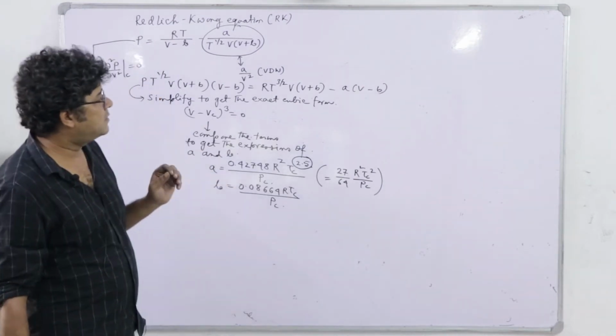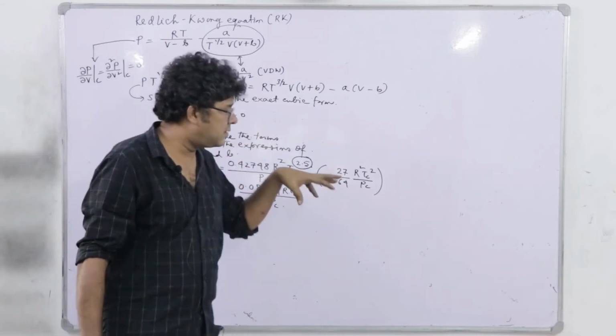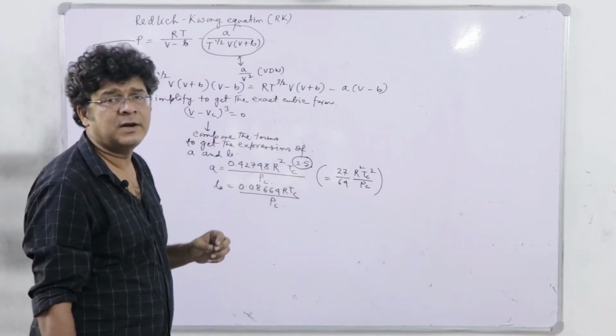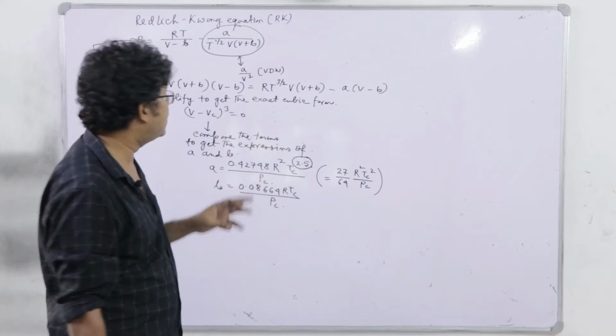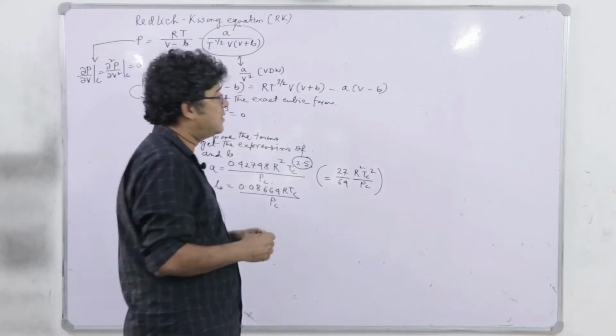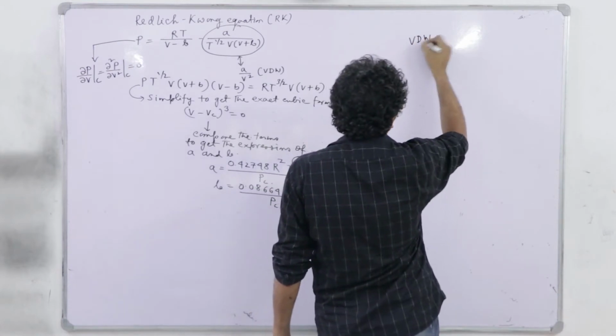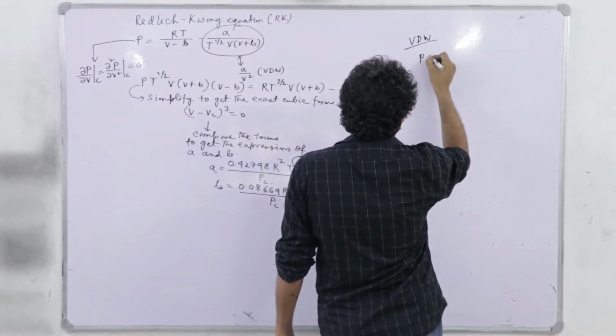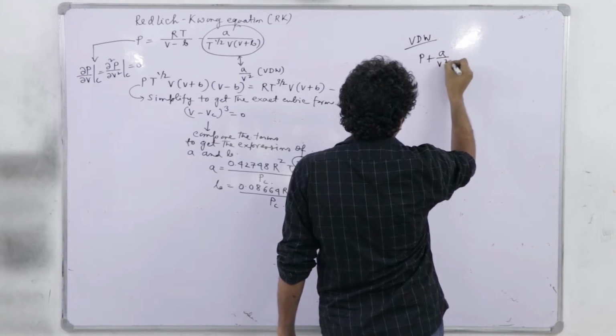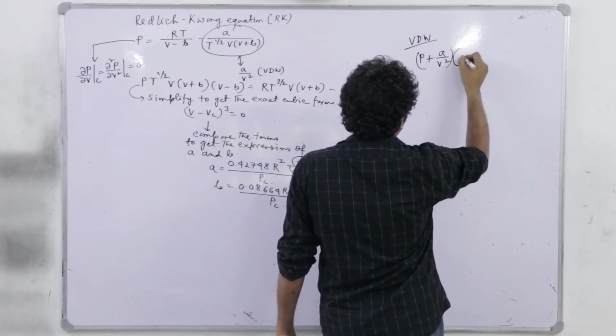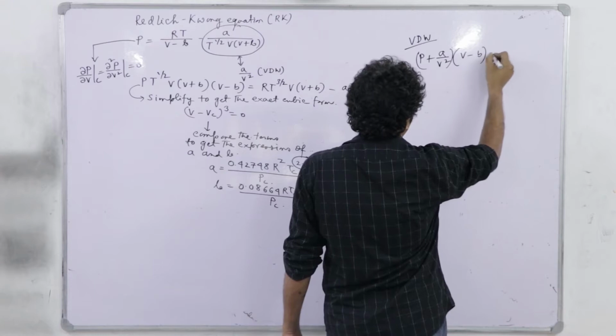Now, the point is, let us focus on the mathematical form of the Redlich-Kwong equation and the van der Waals equation. Let us start with the simple van der Waals. It is P plus A by V square, into V minus B, is equal to RT.